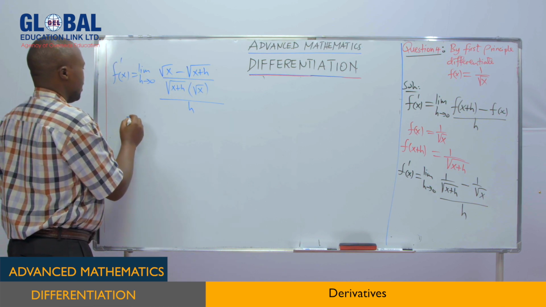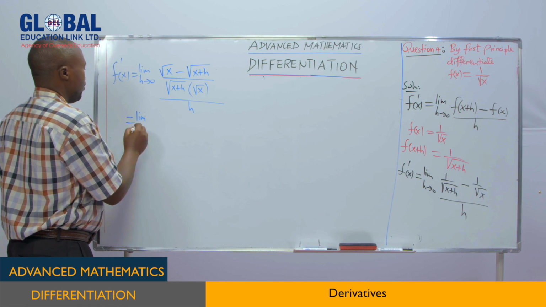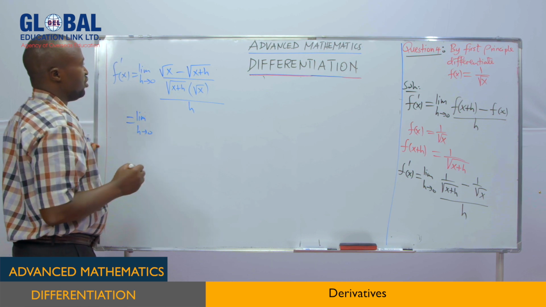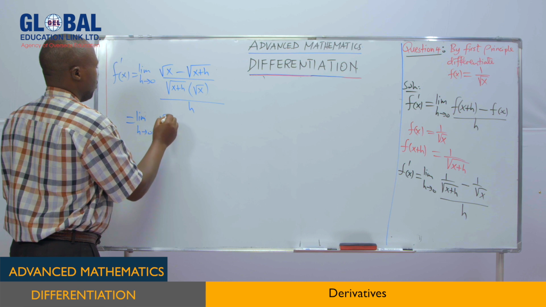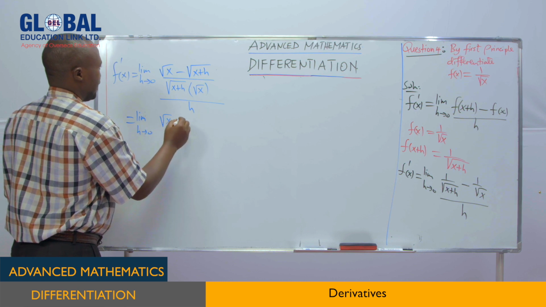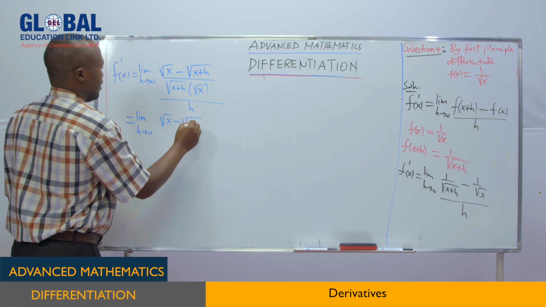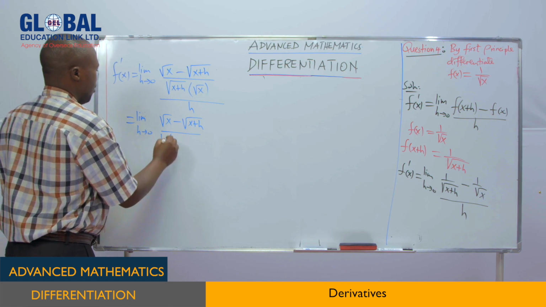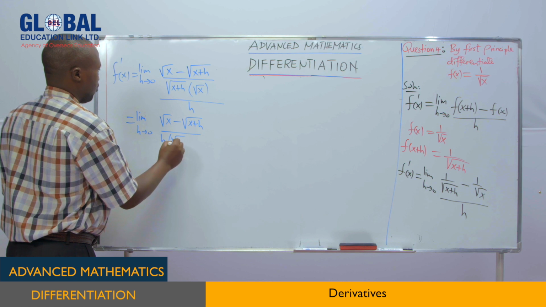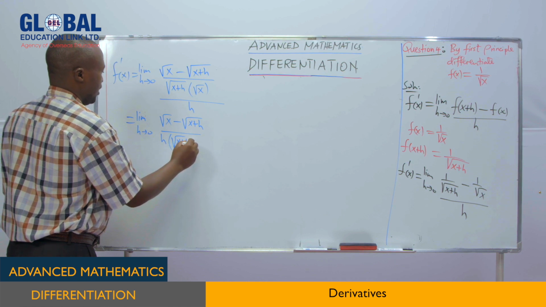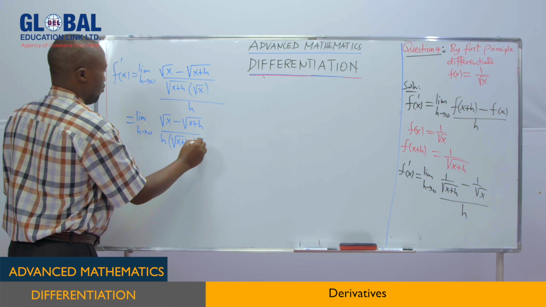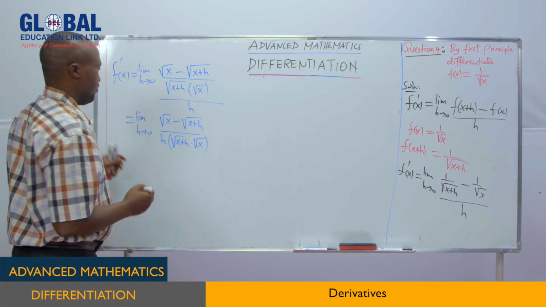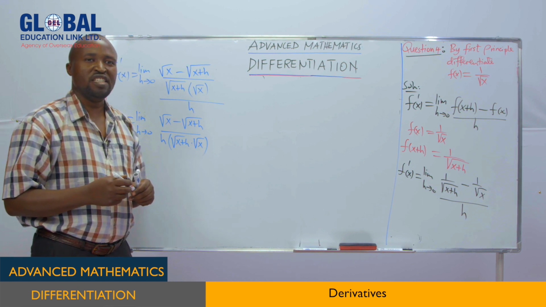So again, this is the same as the limit of h approaches to 0. We have the square root of x minus the square root of x plus h over h bracket of the square root of x plus h, then times the square root of x. So we need to rationalize the numerator.